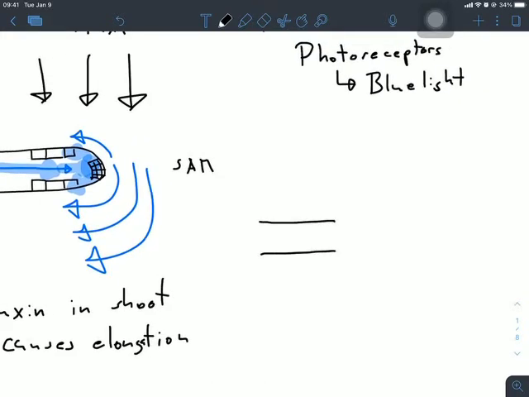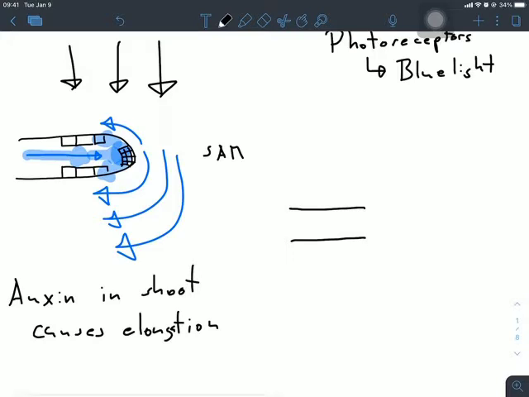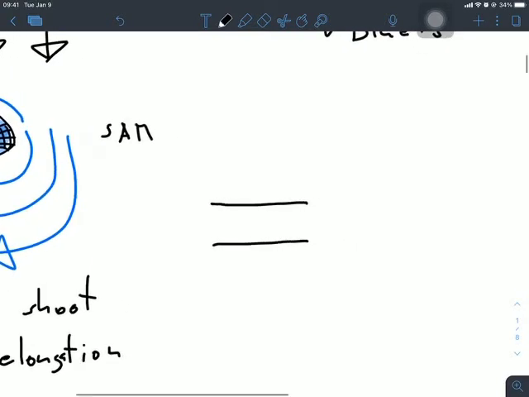Well, the shoot had that original horizontal growth, but then with higher auxin gradients here at the bottom edge, these cells will elongate much further than the cells above. And so what this will actually cause is a turn.